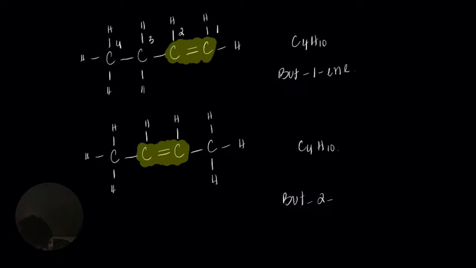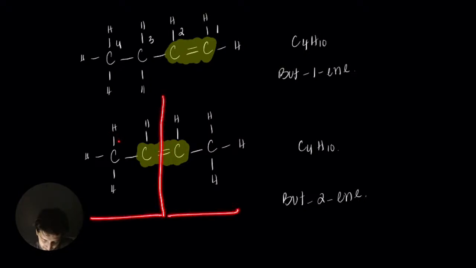Because of the carbon-carbon double bond, I can start numbering it from here, or I could start numbering it from here. But if you realize, this is in the dead center, so this molecule is symmetrical from the left hand side and the right hand side. So if I start numbering it from here or there, it won't make any difference. So I'll just pick any.